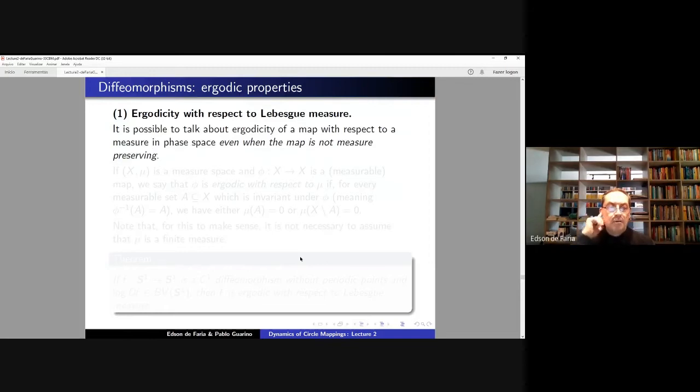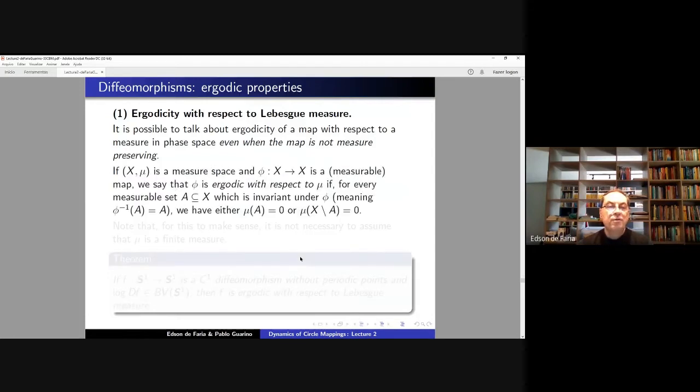It's a general thing that you can talk about ergodicity of a map with respect to a measure in phase space, even if the measure is not invariant under the map. Okay, so even if the map is not measure preserving, you can still talk about ergodicity in the following sense. You have a measure space and you have a measurable map.